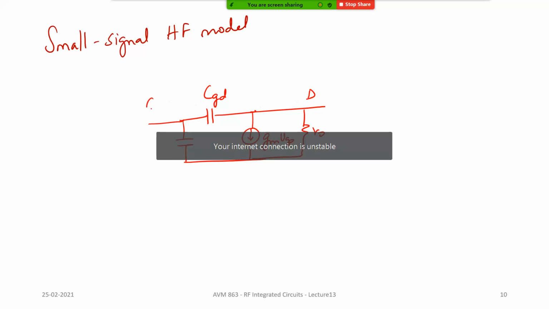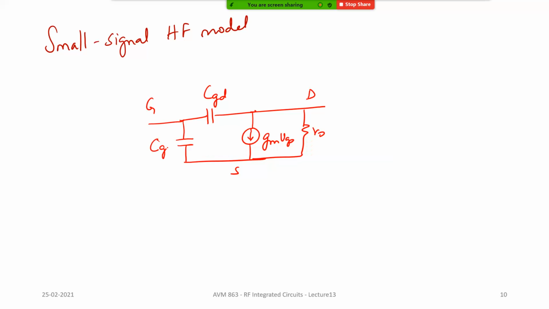This is your drain, this is your gate, this is your source. Now you have gate to source capacitance between gate and the source, gate to drain capacitance between the gate and the drain, and you have drain to bulk capacitance CDB, and source to bulk capacitance CSB. Now this is a small signal model of the MOSFET with all the capacitors also in the picture.